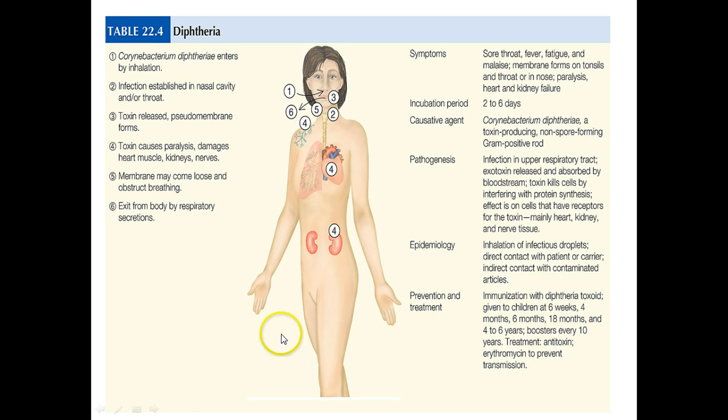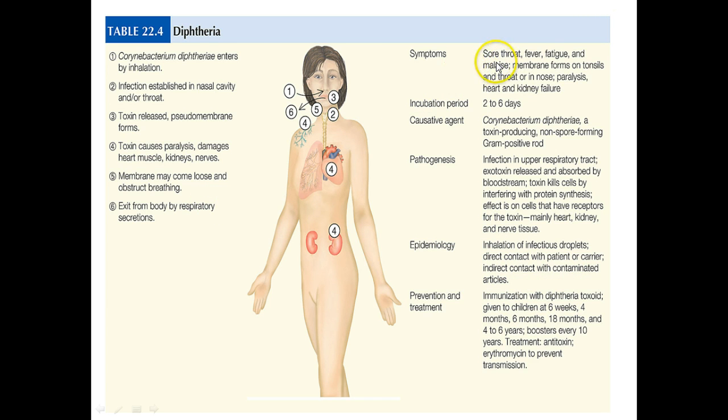So immunization is really important for diphtheria, right? So that we don't get this toxin production. The really scary thing with this one, I want to see if they mention it here.